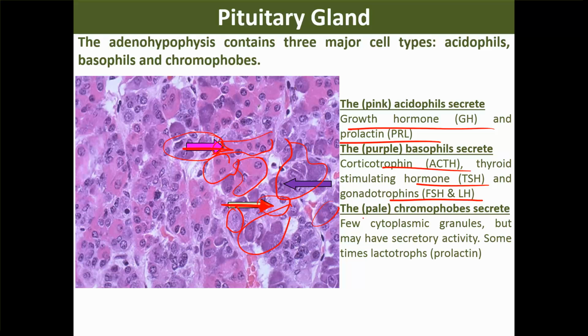The pale color cells are otherwise called as chromophobe cells. They have granules and they have secretory capacity, and they may secrete prolactin. So these are the three major cells which are seen in the anterior pituitary. They secrete different hormones.